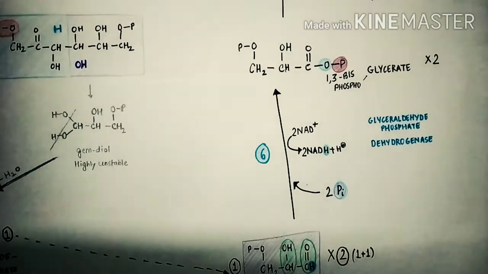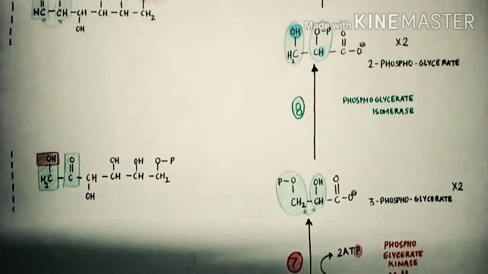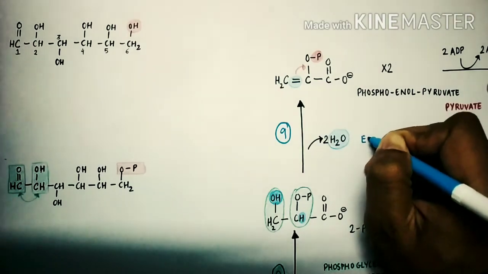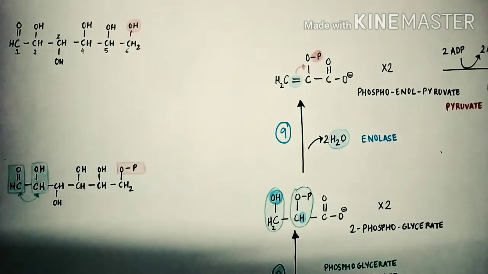Lastly, step 9, enolization. So the enzyme name is enolase. Also, you must have noticed by now, enzyme names usually end with ase. It is very simple. Just identify the process and it is very easy to recall the enzyme. That completes our glycolysis pathway.